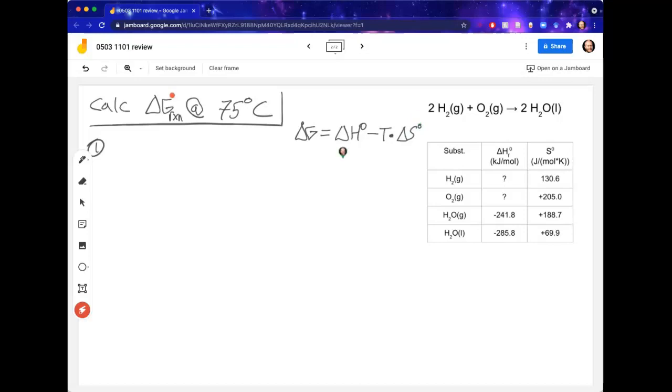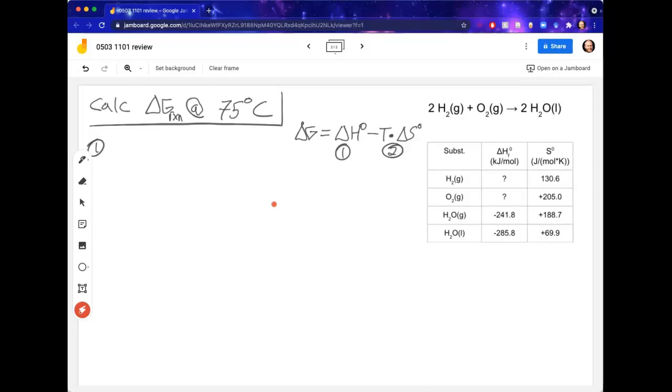And that means we've got to do two steps. One related to the enthalpy and one related to the entropy. And this is ultimately where that concept of the total for the products minus the total for the reactants comes back into play. And again, that was originally from chapter 5 material about Hess's law.